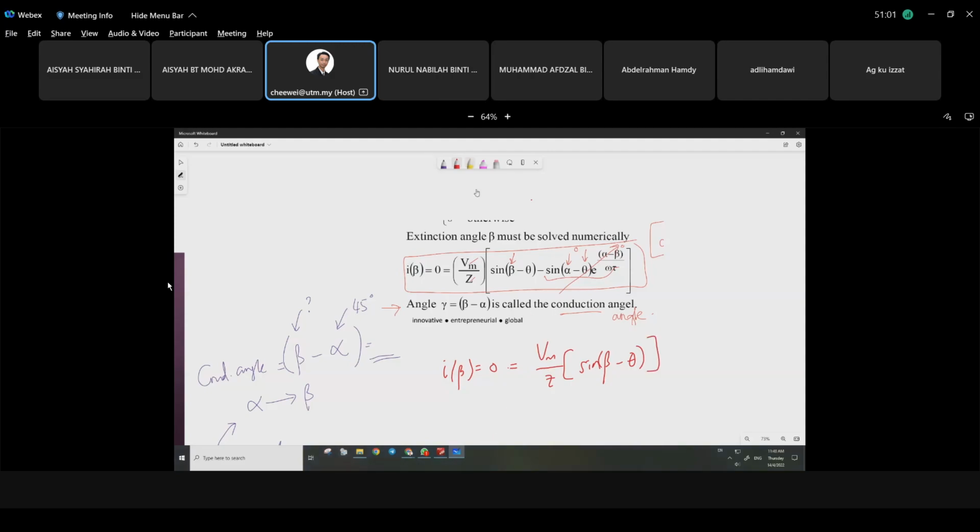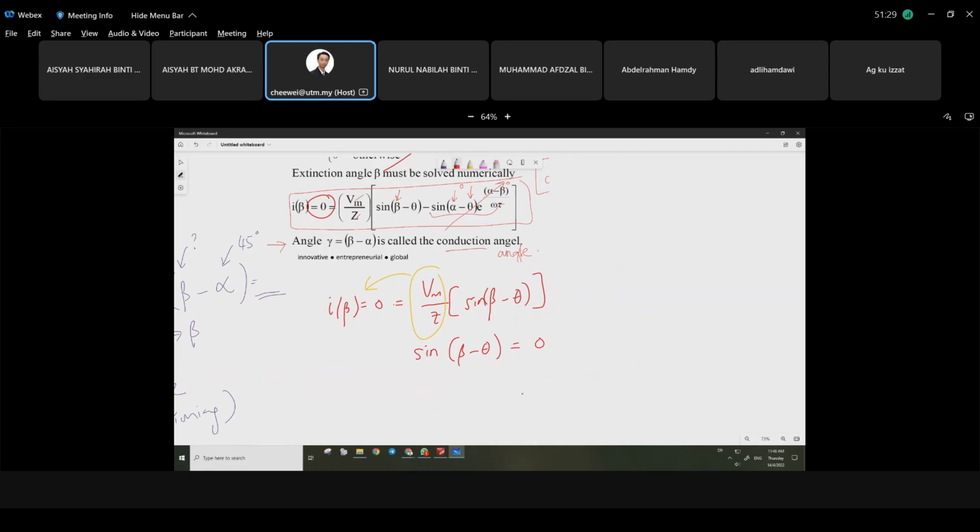What happens to this Vm over Z? If we bring it to the right hand side, it still becomes 0, right? Because it is divided by 0. The whole thing becomes 0 because we need to find the extinction angle. To find the extinction angle, you equate the whole equation to 0. So sine beta minus theta equals 0, because this one is eliminated. So my equation becomes so simple now.